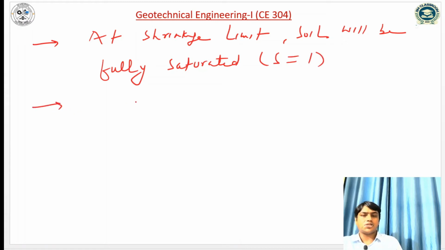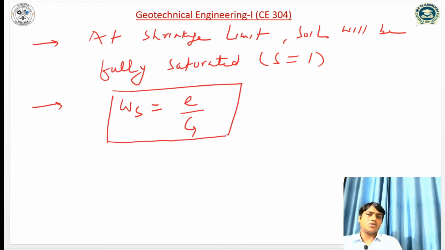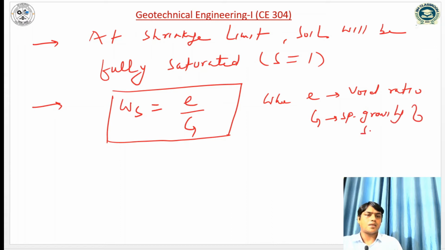There is another relationship: the shrinkage limit can also be computed as Ws is equal to e by G, where e is the void ratio, and G is the specific gravity of soil solid. So this is the important relationship, and Ws is the shrinkage limit.